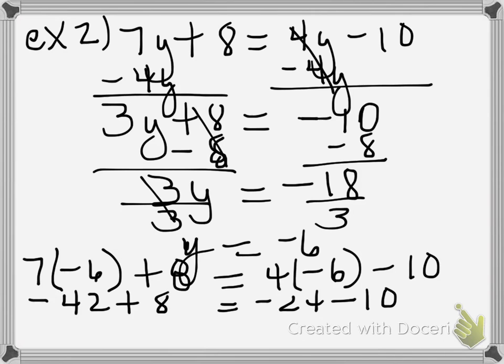Negative 42 plus 8 is negative 34. Negative 24 minus 10 is negative 34. So we've balanced. All right, that was example 2. Now, your turn. Go to guided practice, do 2A and 2B.